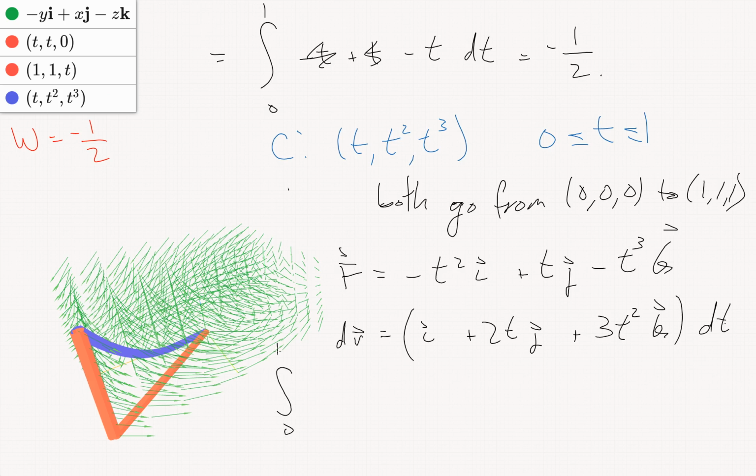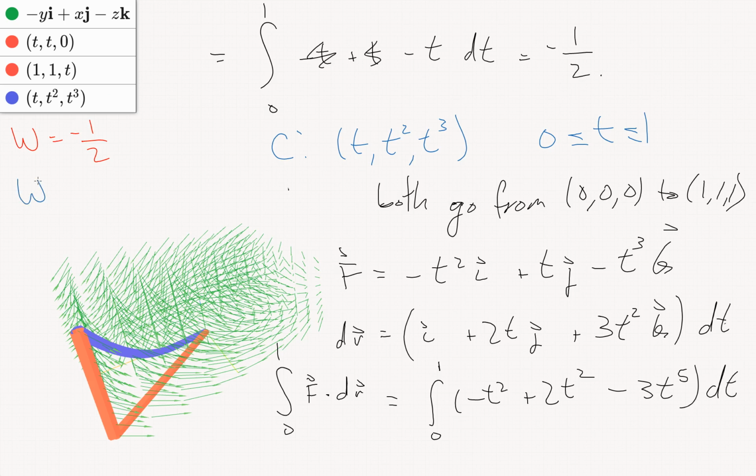So the integral from 0 to 1 of F dot dr is the integral from 0 to 1 of negative t squared plus 2t squared minus 3t to the 5 dt.